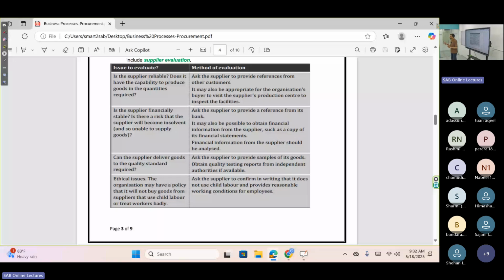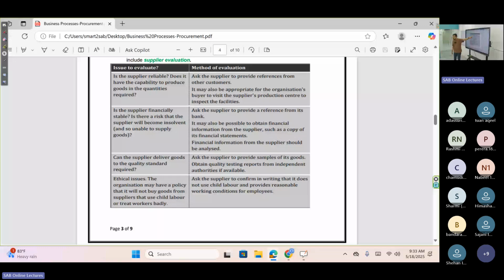You can see whether he can continuously produce and fulfill the overall requirement, and the capacity to supply.